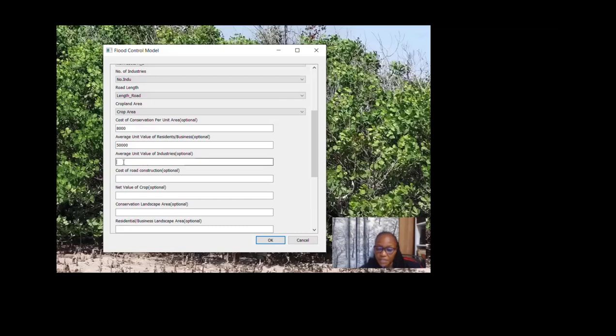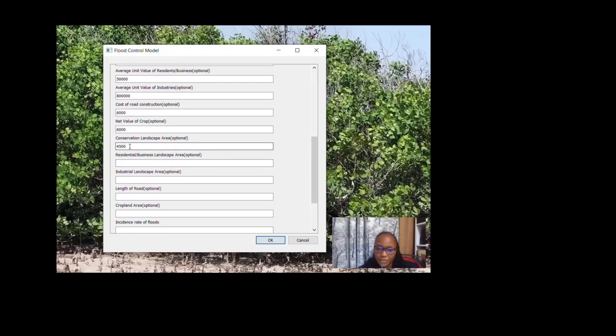Average unit of the industry, they're usually very costly, we can input a figure. Then the cost of road construction could be 6,000 US dollars per kilometer. The net value of crop, which I put around 6,000 US dollars.